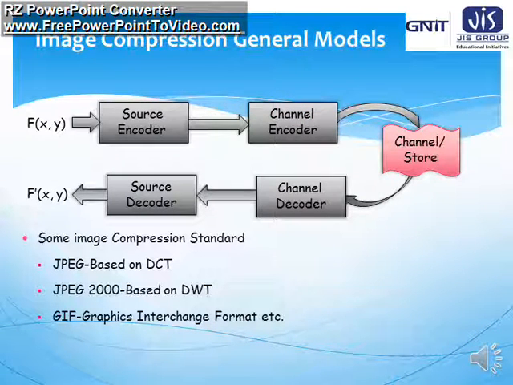Here we can see image compression general models. Different types of image compression models are there. We will discuss them later on, but here we will discuss the image compression model which is very general. Some image has been given at the input, and that particular image is represented through the image function f(x,y).